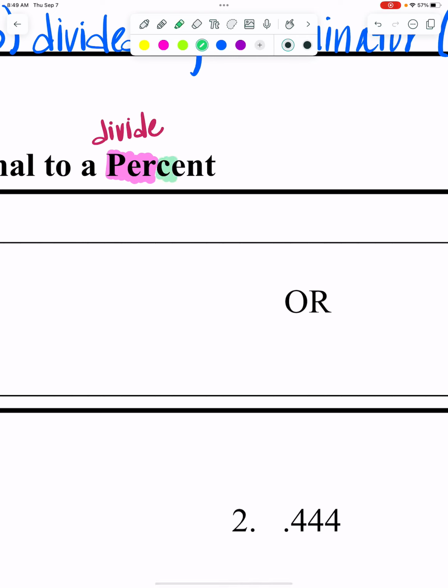The cent part of that word comes from the Latin root that means 100. So we have a century that is 100 years. There are 100 centimeters in a meter. So quite literally, percent means divide by 100.